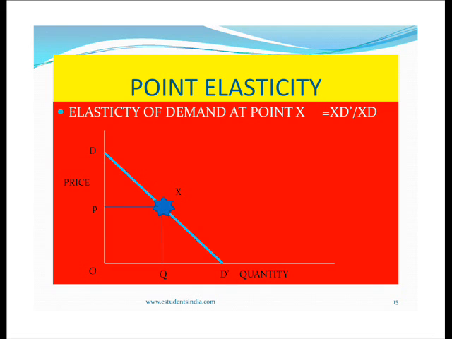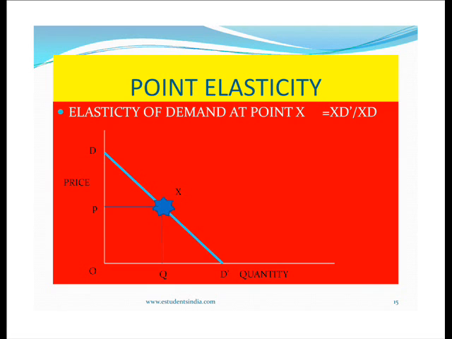Point elasticity. Elasticity of demand at point X, and D dash is the demand curve. What is the elasticity of demand at point X? It is equal to XD dash divided by XD. The total outlay method explained in the previous 2 slides gives us only the nature of elasticity.